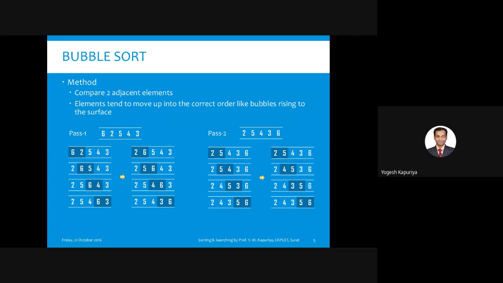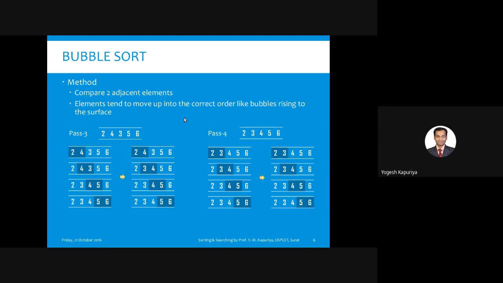In the second iteration, the second largest will come at its appropriate position, and like this, if you repeat this n minus 1 times, you will get the sorted array at the end of it. Obviously we are talking about ascending order sorting. If it's descending order, then it will be the reverse.